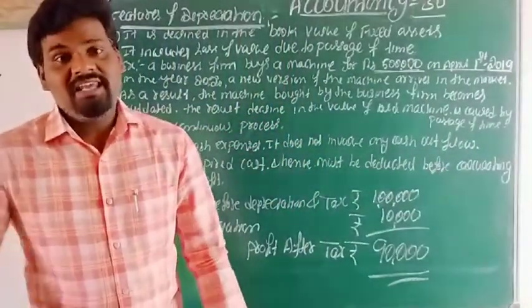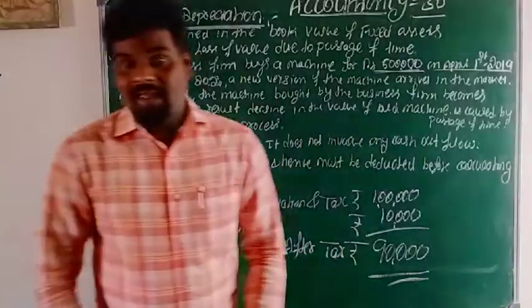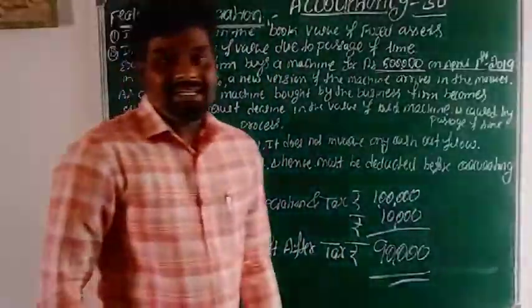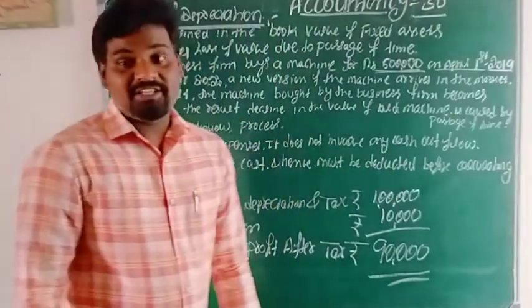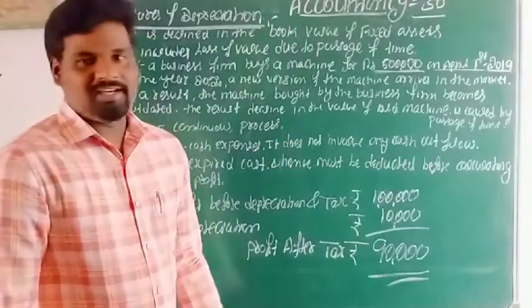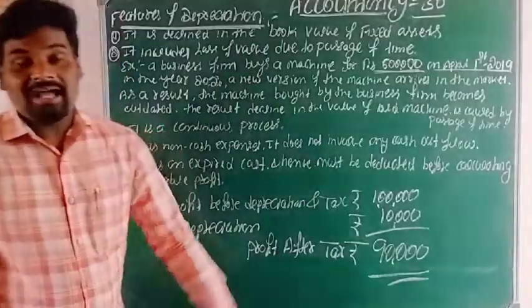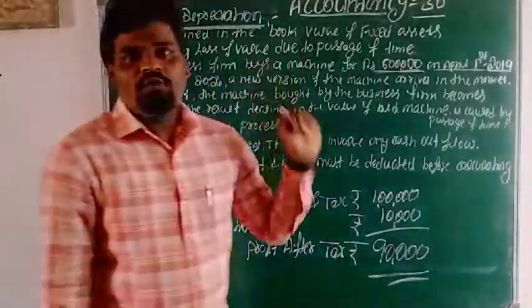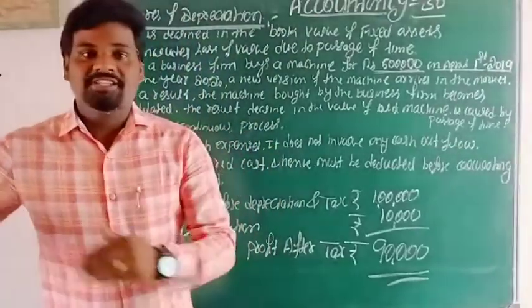In the case of any asset that goes on being used year after year, its value declines, that is, diminishes. So the second feature says it includes loss of value due to passage of time.